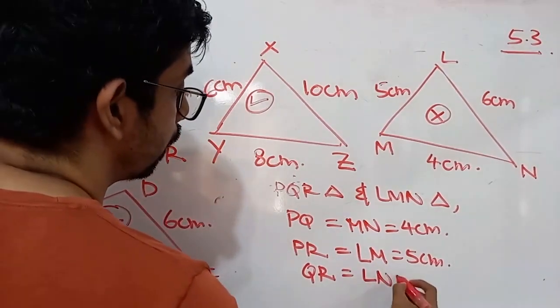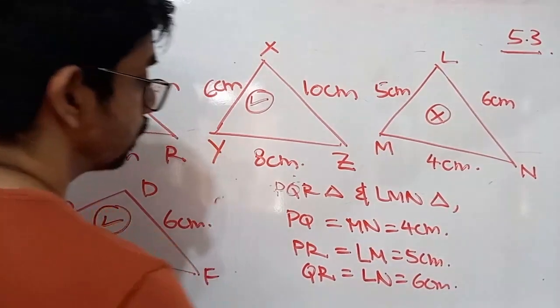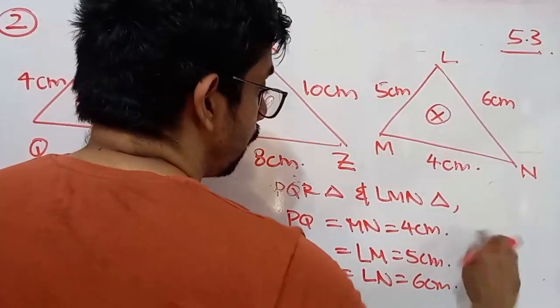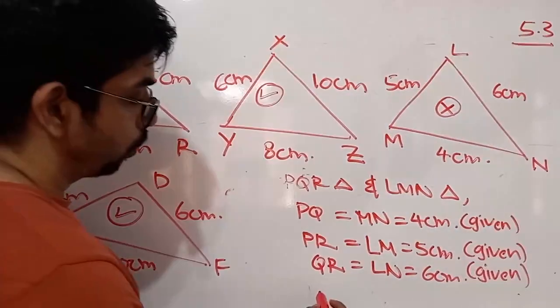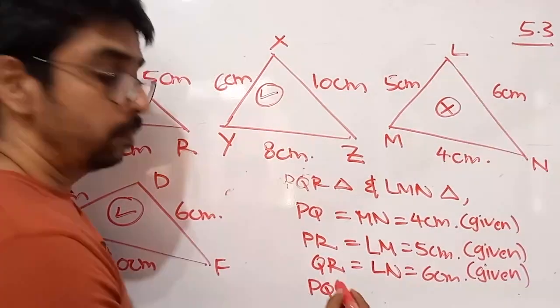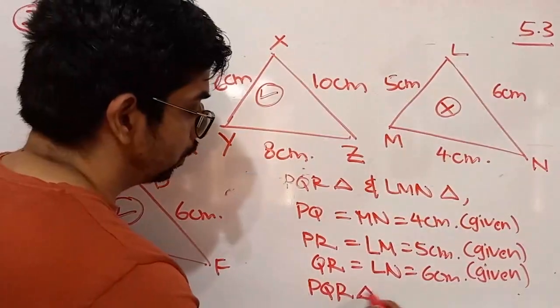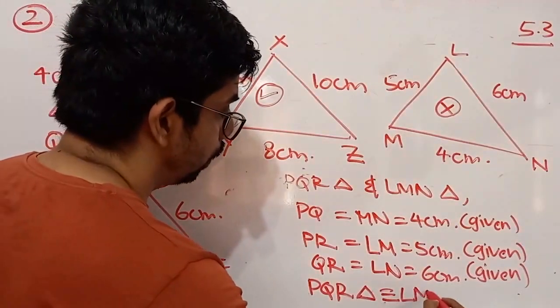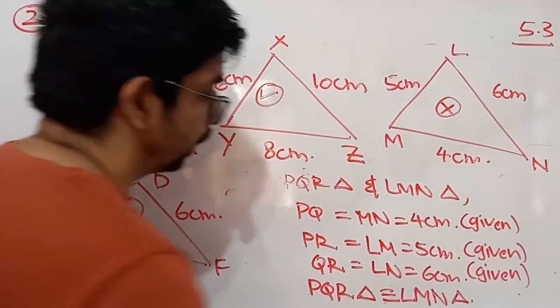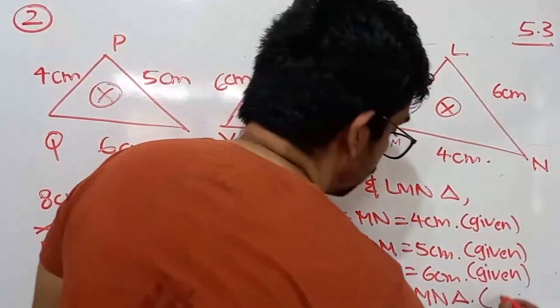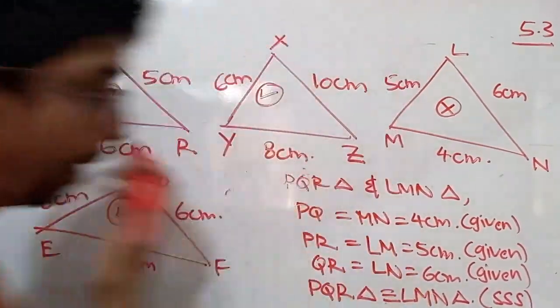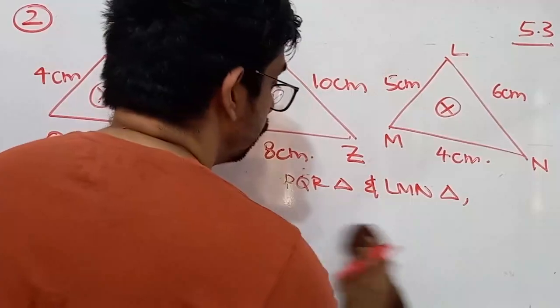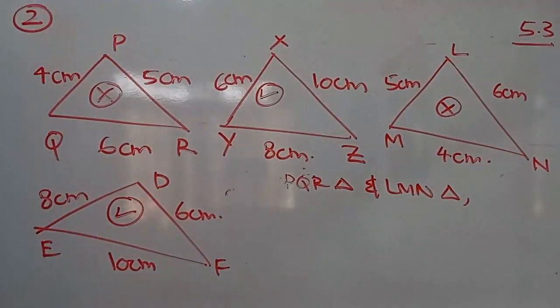LN, 6 centimeters. So all of these are given. So based upon that we can clearly say PQR triangle is congruent to LMN triangle. What's the condition? Side.